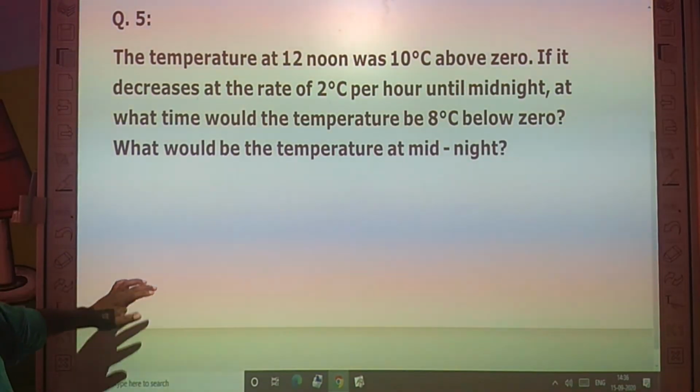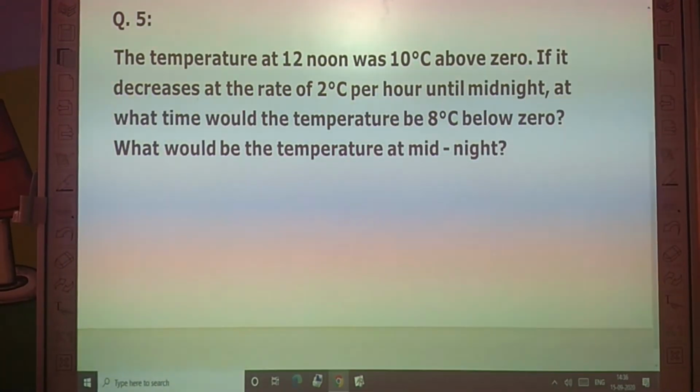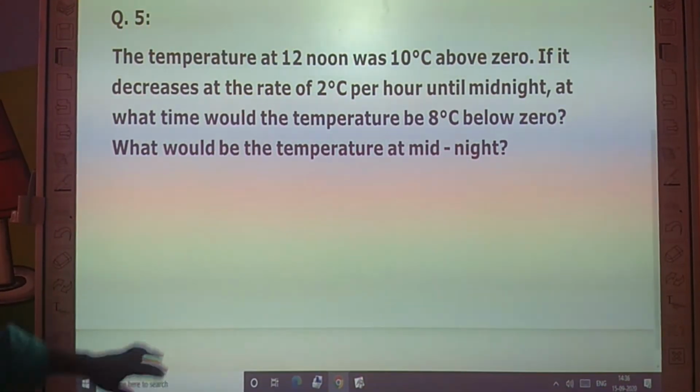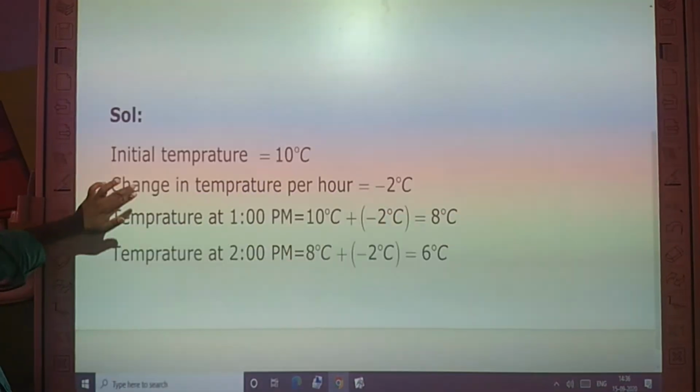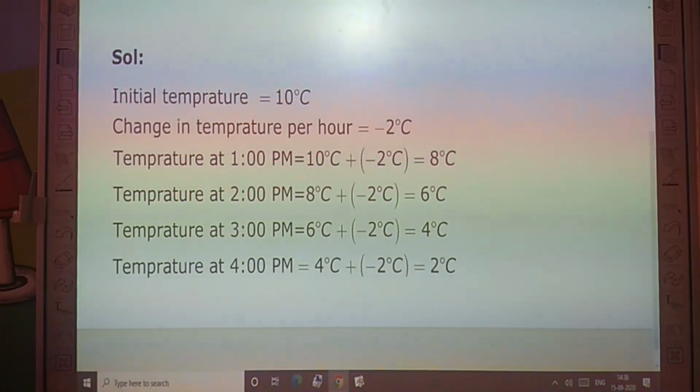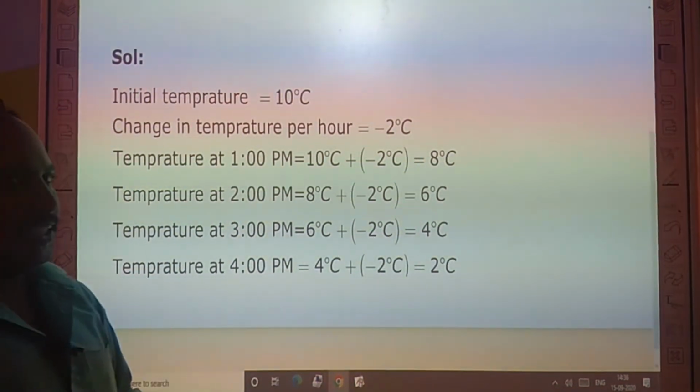The initial temperature at 12 o'clock is 10 degrees Celsius. The change in temperature per hour is minus 2 degrees Celsius.